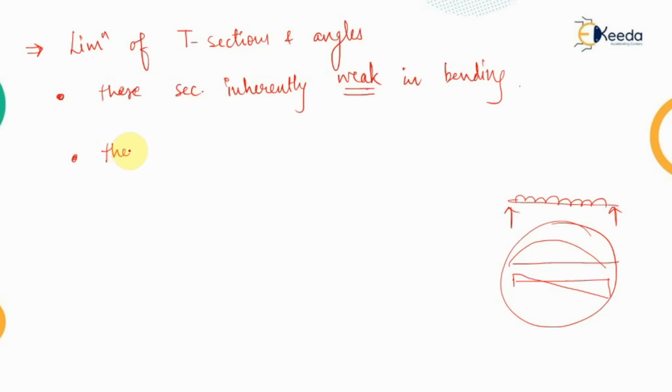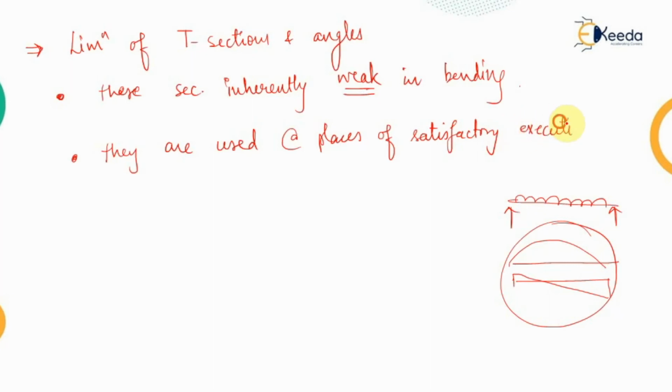They are used only at places of satisfactory execution, that means places where the construction has already been done with the help of these kinds of sections.